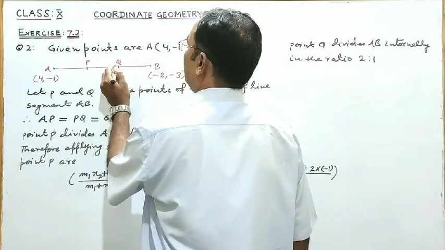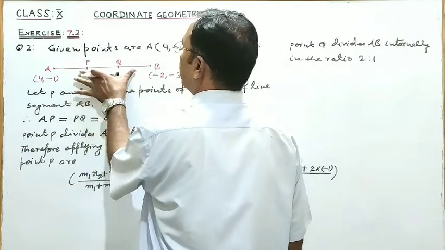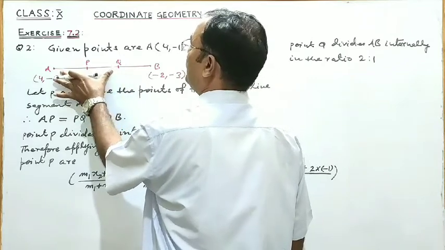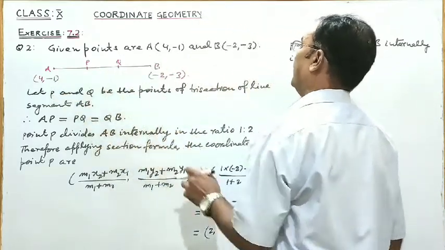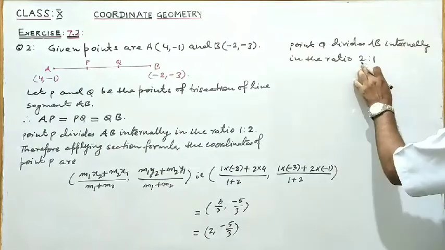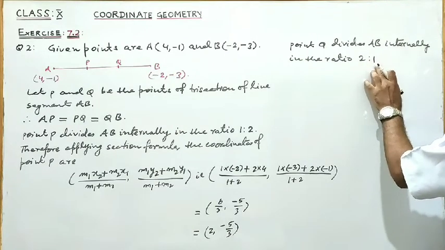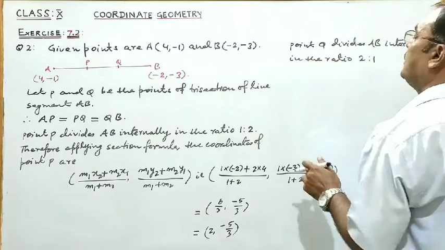Point Q divides this AB in the ratio of 2:1. So m1 is to m2 is 2:1 here for the point Q.